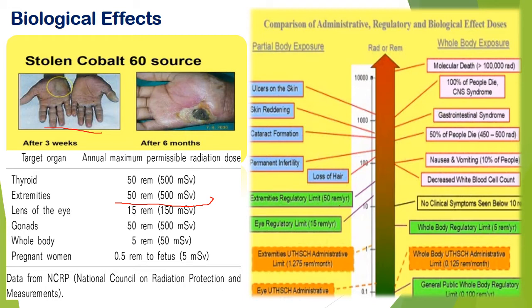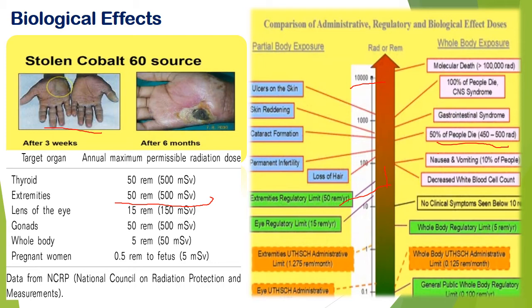Thereafter all sorts of things start happening like dizziness, vomiting, nearby 100 rem, and nearby 400 to 500 rem 50% of people will die. The consequences are very dangerous, starting from hair loss, permanent infertility, cataract, skin cancer, etc.